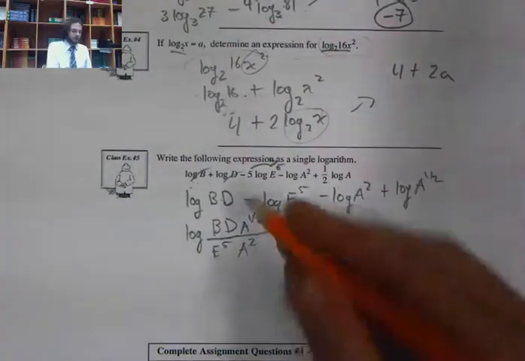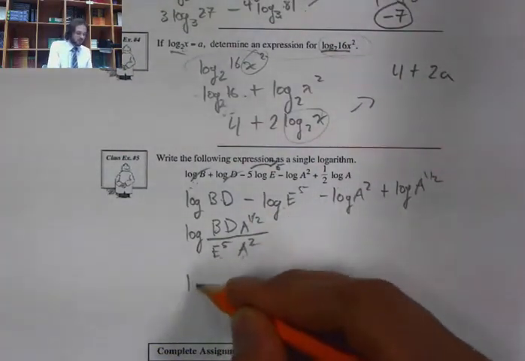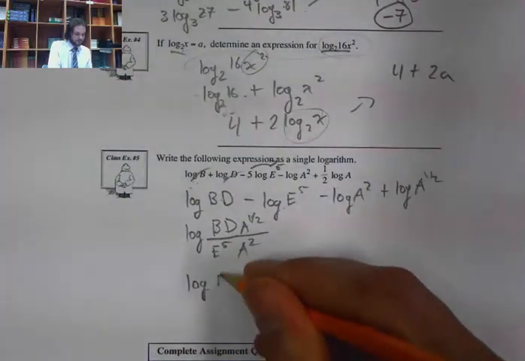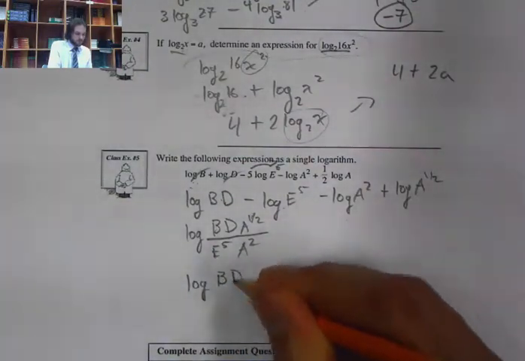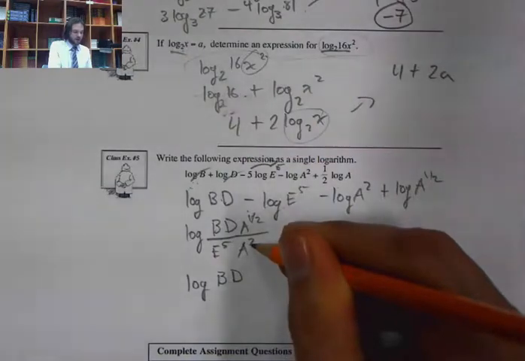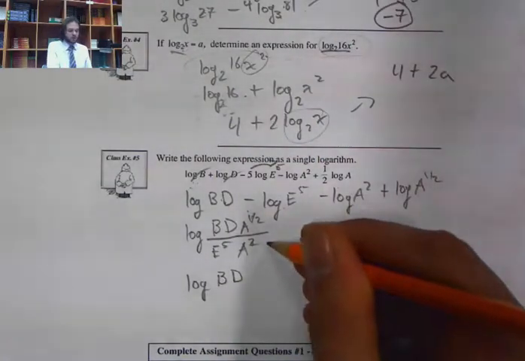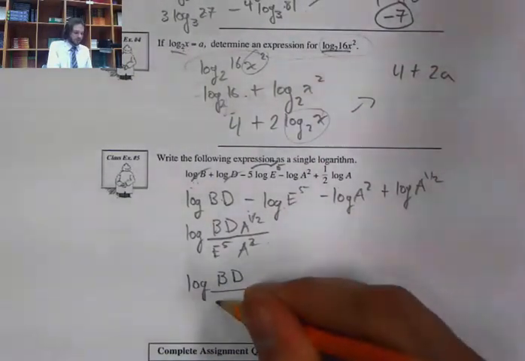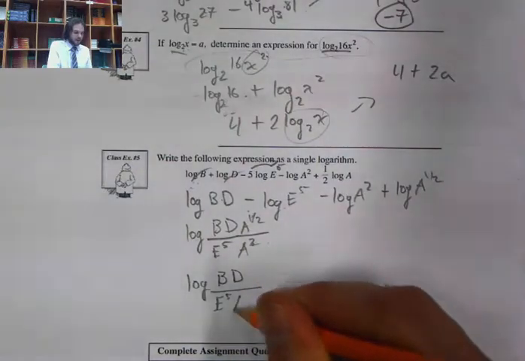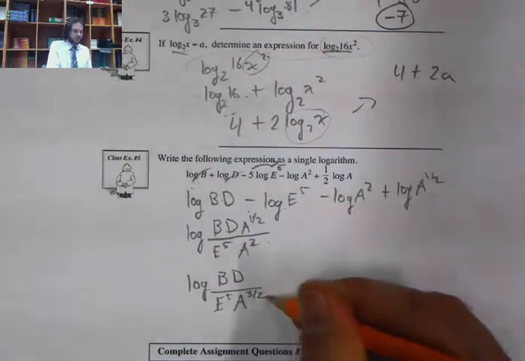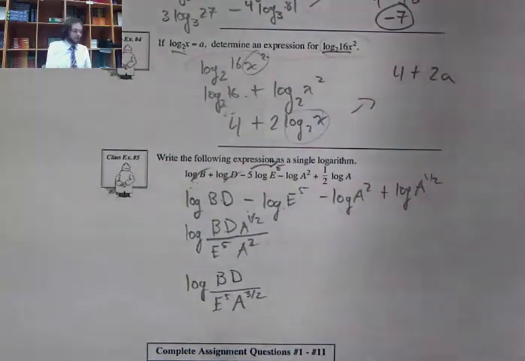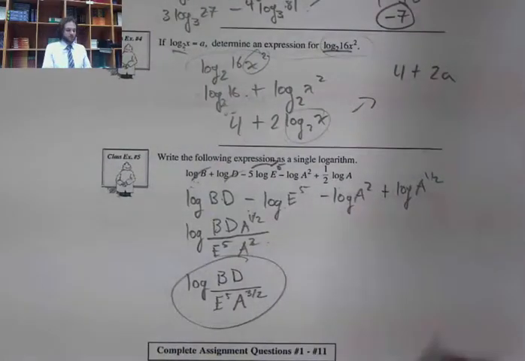Remember exponent laws? Division means we subtract. So we have log, so this is going to go from there, so that's going to give me 3 over 2. 2 subtract 1/2 is 3 over 2. We get e to the 5 and a to the 3 over 2. And that is my final answer. That's as simplified as we can go.